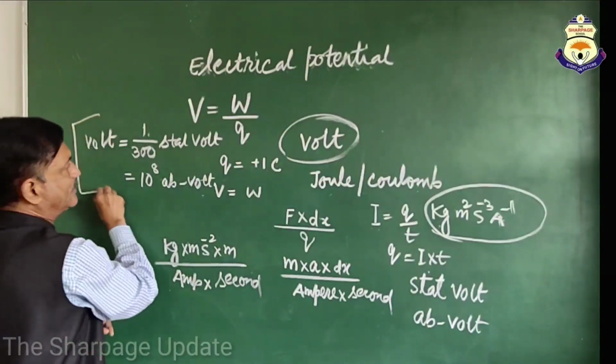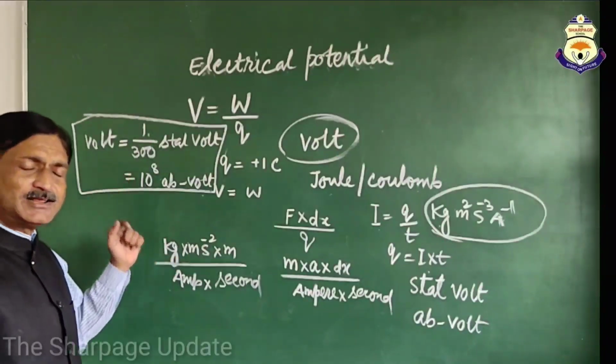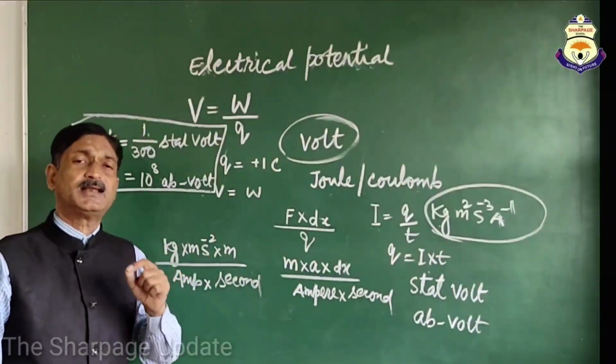So this is the relation between the CGS unit, SI unit and electromagnetic unit of electric potential.